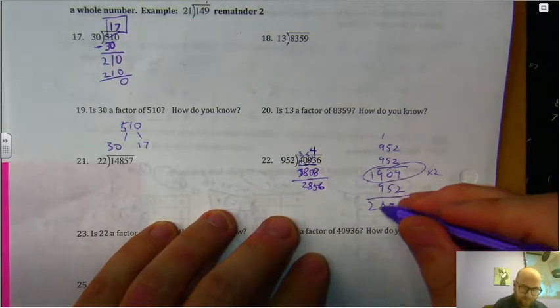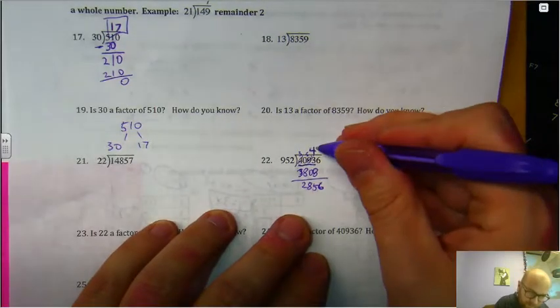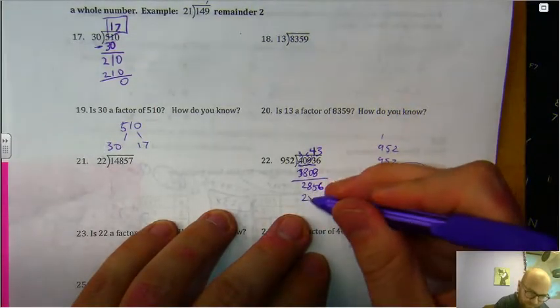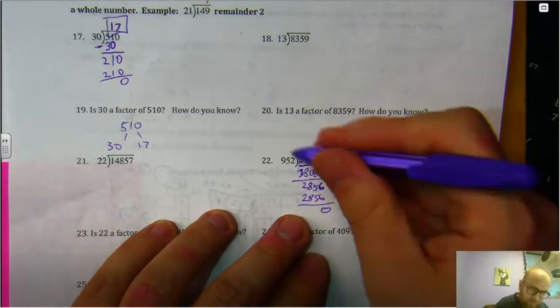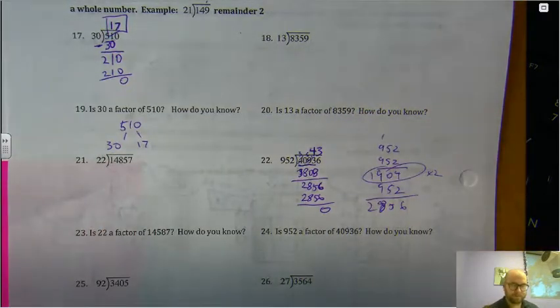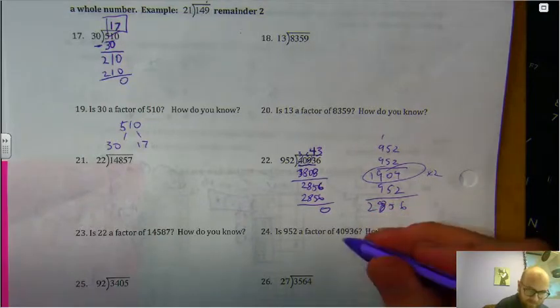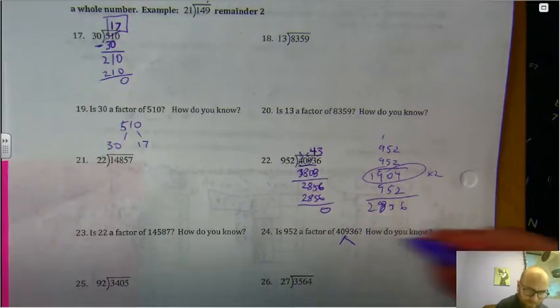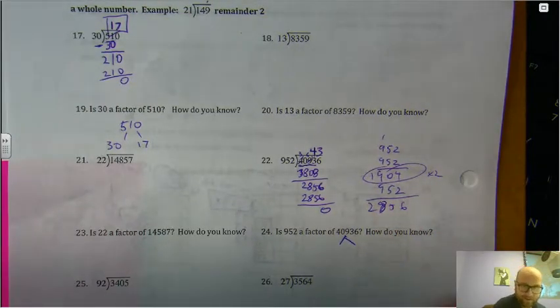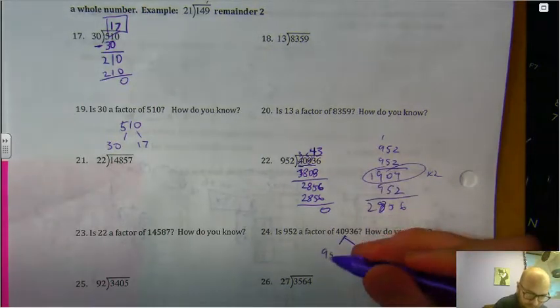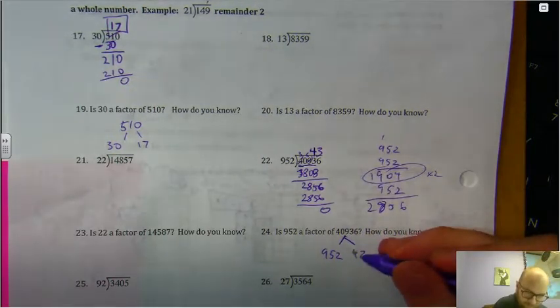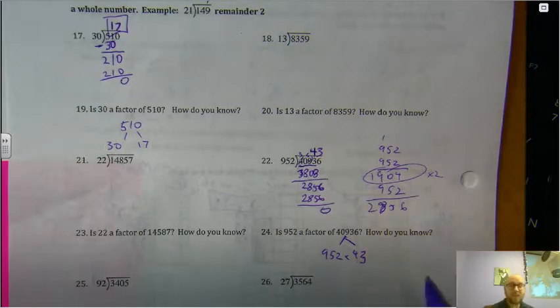Yep, perfectly, right? So it goes in exactly 3 times for 2,856. 0, boom, I got it, 43. Is it a factor? Absolutely. Is 952 a factor of 40,936? Yeah, right? I know that 952 times 43 in fact equals that.